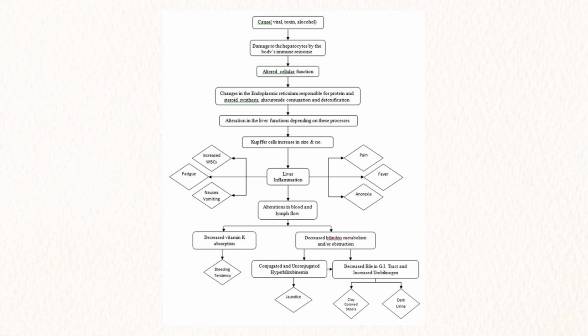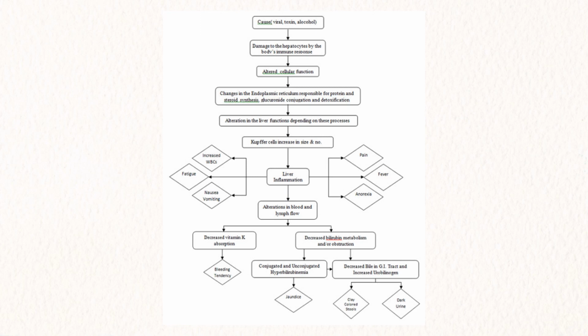You can follow this chart down, but basically you have your causative agent, which is viral, toxin, or alcohol, which causes damage to the hepatocytes by the body's immune response and creates altered cellular function. It causes changes in the endoplasmic reticulum, responsible for protein and steroid synthesis, down to the alteration in liver functions.